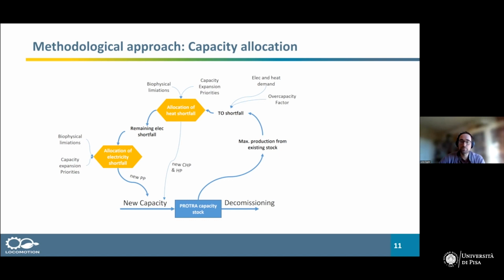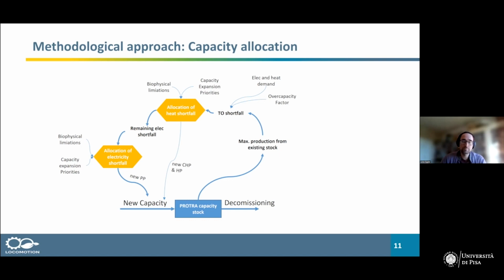So it's also possible to set this signal to exogenous and say, for example, let's build only renewables for the phased out capacity. And there can also be biophysical limitations, for example, how much hydropower capacity is available in your specific region, and these sorts of limits we also implemented.